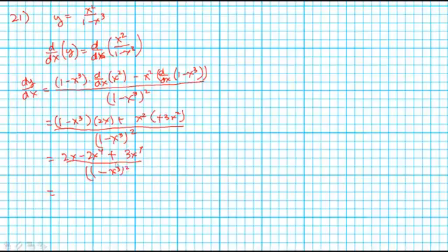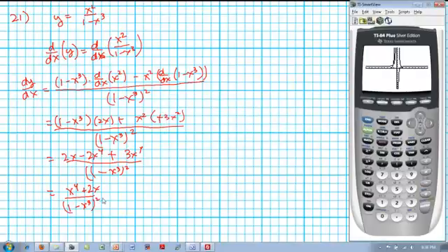So collecting our common terms, I got a negative x to the fourth, negative 2x to the fourth, a positive 3x to the fourth, x to the fourth plus 2x all over 1 minus x cubed squared.